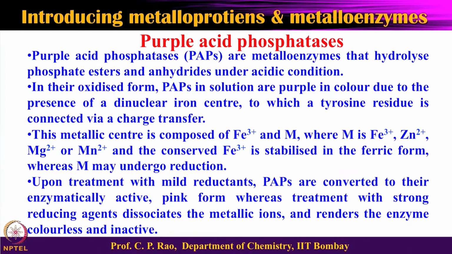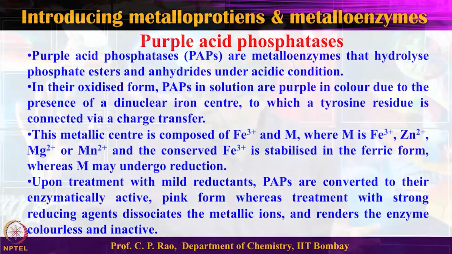That means they are totally broken down. These are enzymes which are involved in hydrolyzing the phosphate ester bond. And I said they are dinuclear, one of them is iron 3 plus, the other could be either iron 3 plus, magnesium 2 plus or manganese 2 plus, depending upon the type of species.